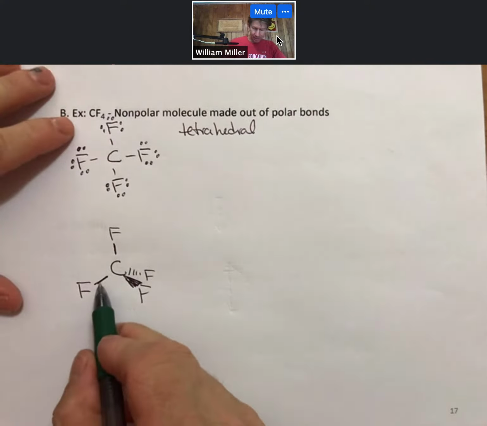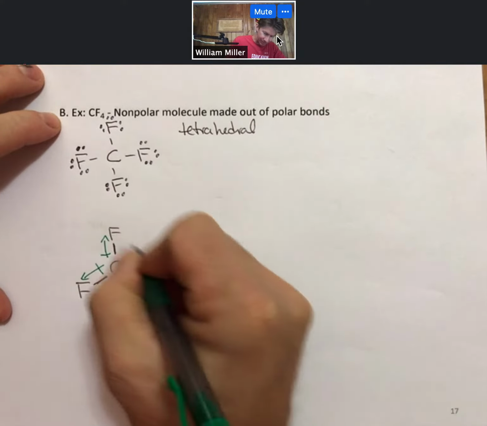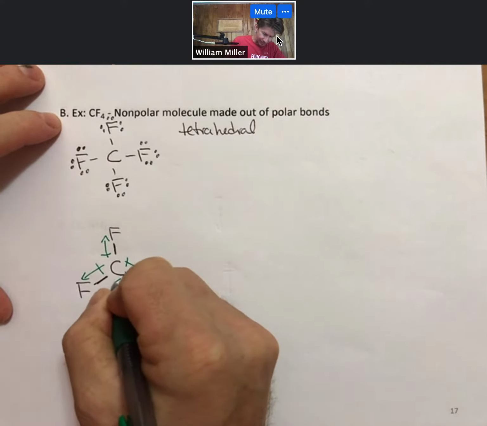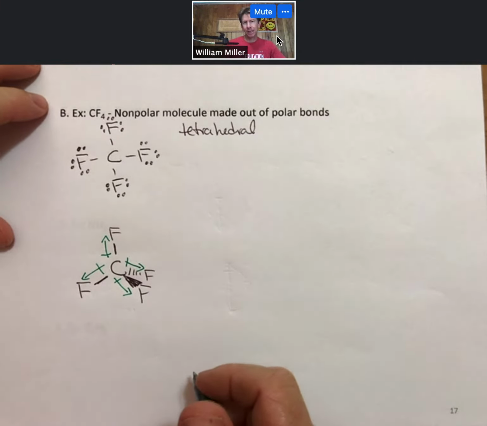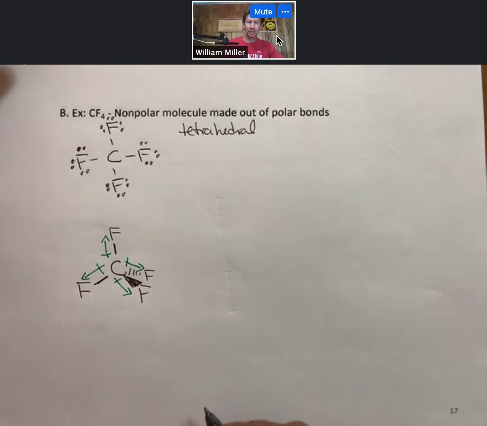Each of these bonds, because fluorine and carbon have different electronegativities, will have a dipole. And doing vector addition of these is not straightforward at all, because there's out of the plane, so this is not a flat molecule.